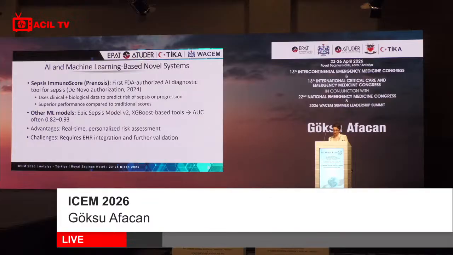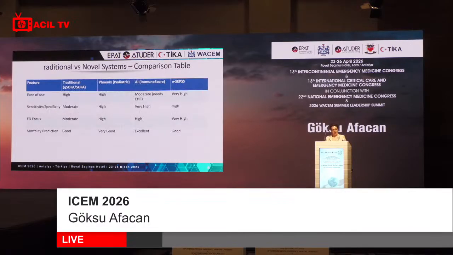While these tools offer real-time personalized risk assessment, they require electronic health record integration and continued validation. AI is not replacing clinical judgment, but augmenting it significantly.